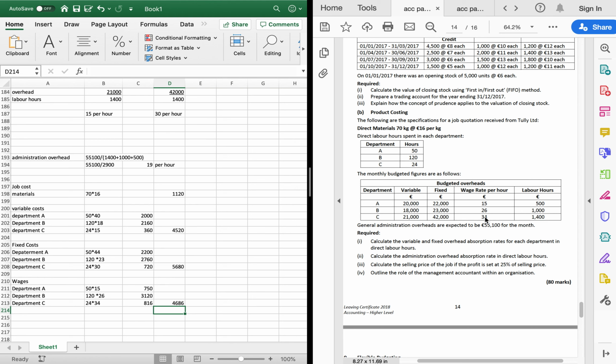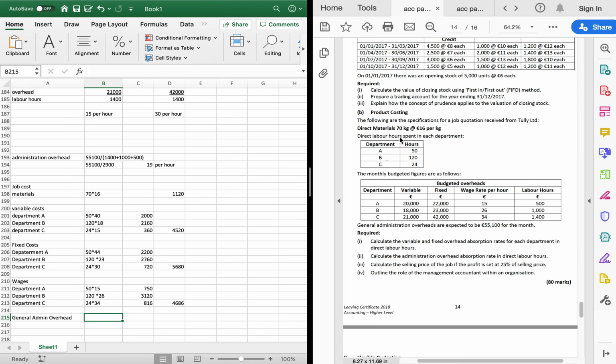So that just leaves us with one pretty much everybody forgets to put in, which is the general administration overhead. Now we know that that is 19 euros per hour for the entire business. So it's 50 by 19, 120 by 19, and 24 by 19. So therefore you don't have to do them all separately.